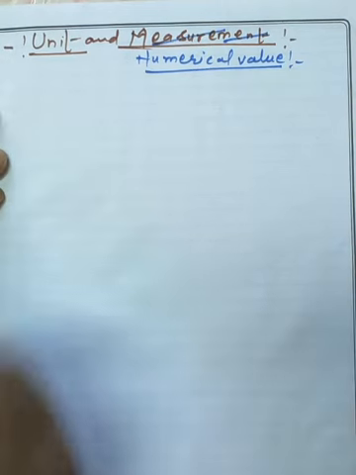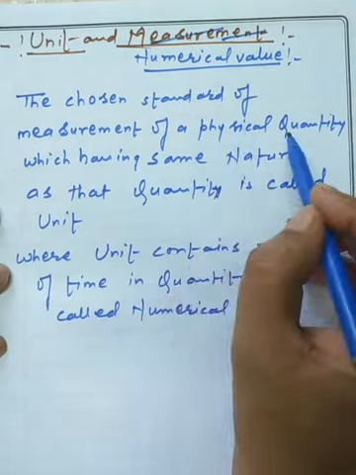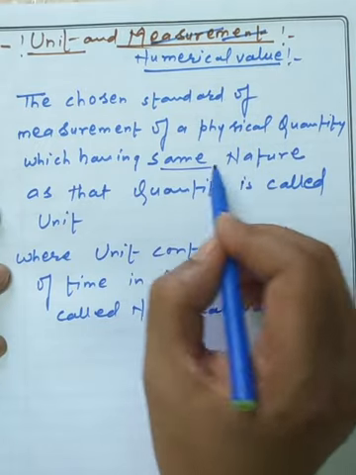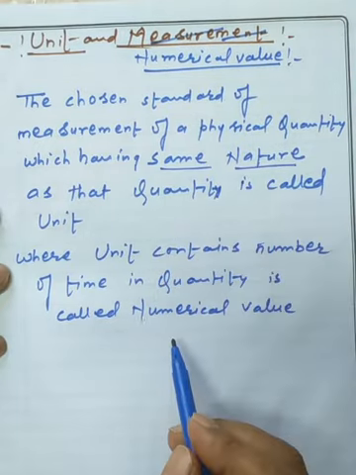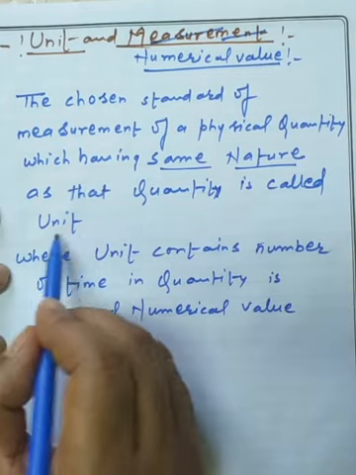So, the chosen standard of measurement of a physical quantity which has the same type of nature, otherwise the measurement can't be helpful, is called the unit.